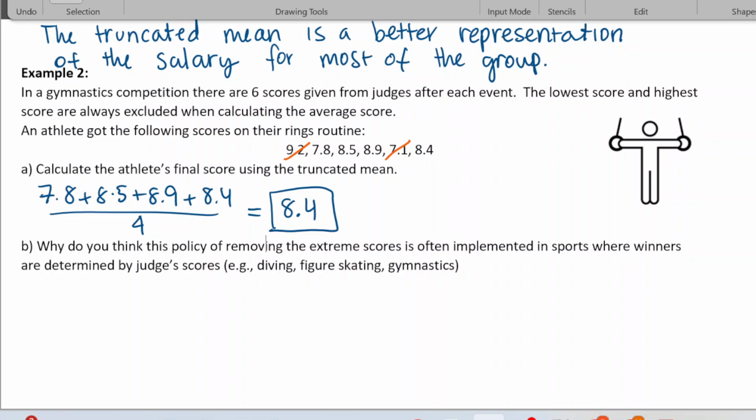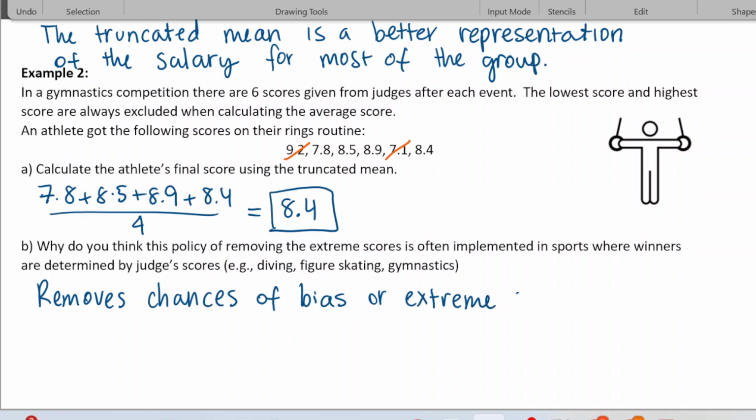So it removes chances of bias maybe from judges or extreme scores. So the score is better represented by what the majority of the judges think and not by perhaps an outlier. Sometimes there's no outlier and then that doesn't really impact the score by truncating it. But if there are outliers, it takes away that opportunity.